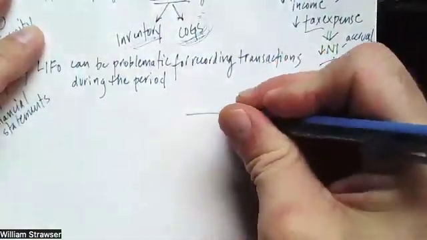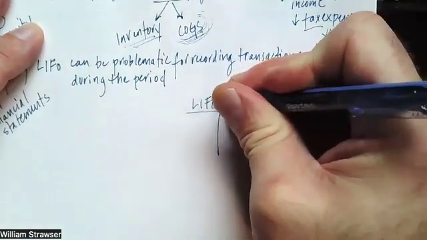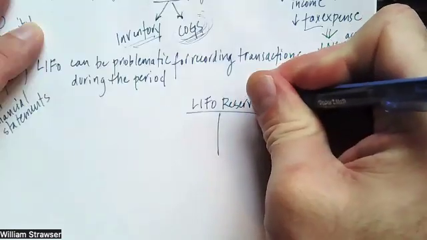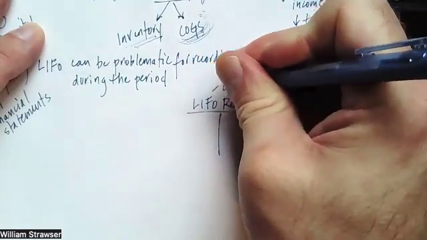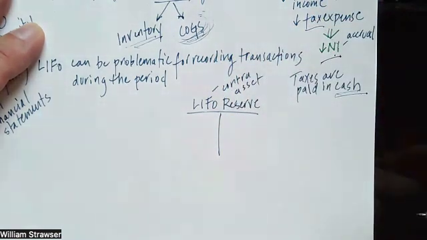The LIFO reserve is a contra asset account, and we have its own account. We want to make it a contra asset, just like the allowance for credit losses, just like accumulated depreciation.